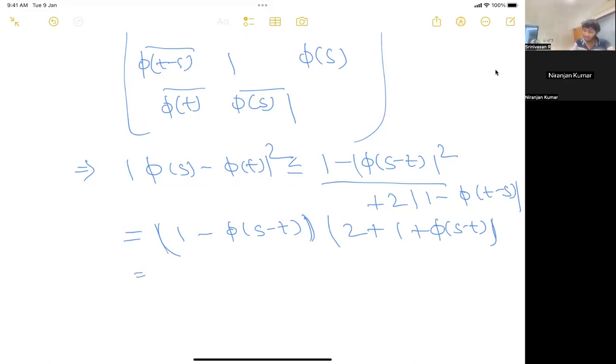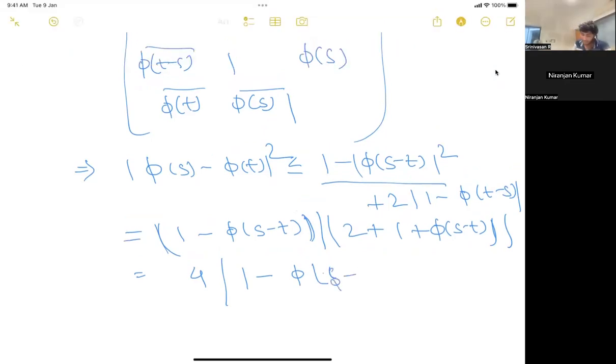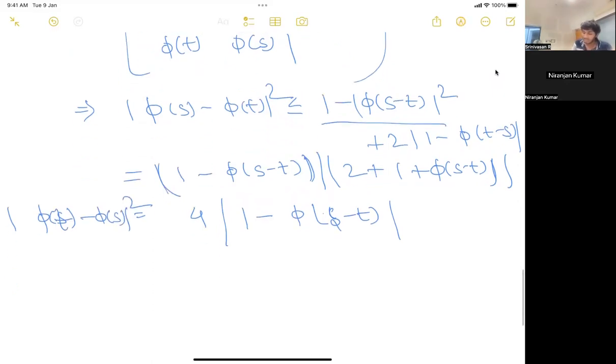This will give us, taking the mods, by the triangle inequality, that this is less than 4 times 1 minus phi of s minus t. So we have established the following inequality. In our case, phi of 0 is 1, so we get the correct inequality.